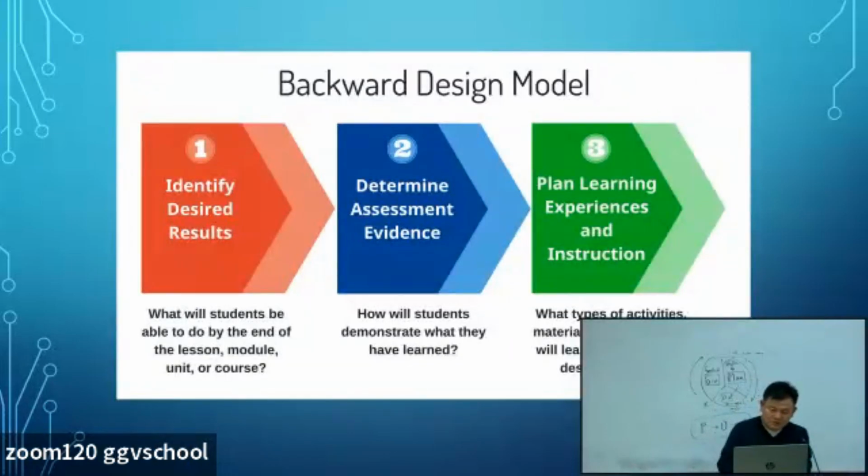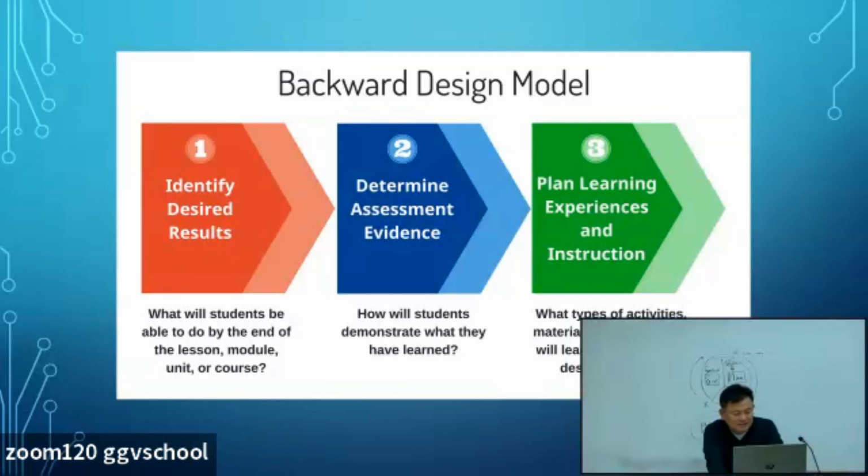Let me show you another backward design model picture. Easy to understand. First stage is identify the desired results. And then second stage is determine assessment evidence. And the last stage, this is circular, is plan learning experiences and instruction.